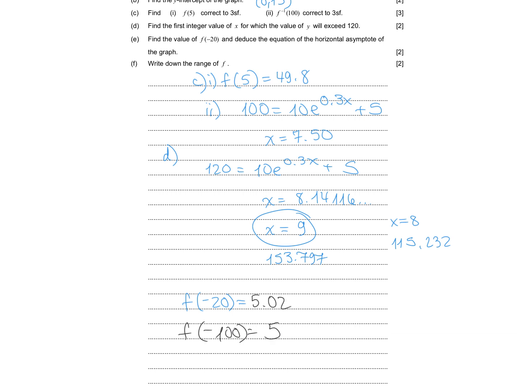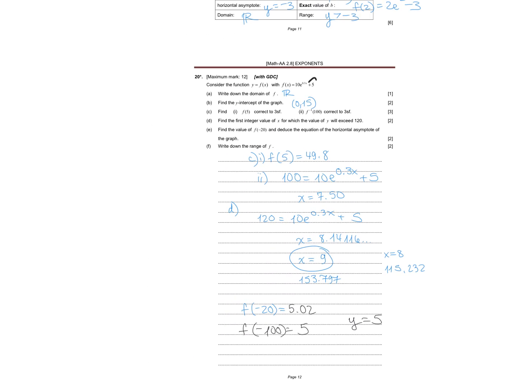So basically, they're just trying to get you to see that as x gets really small, it's approaching the line y equals 5, okay? And we knew that from the vertical shift, okay? Now, the range of f is going to be y greater than 5.